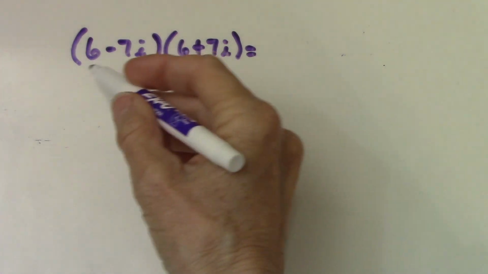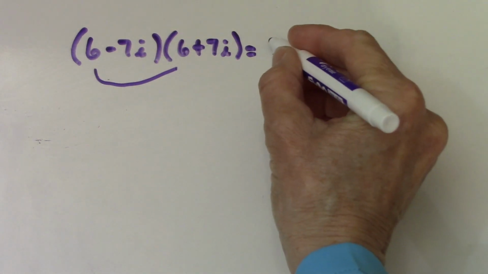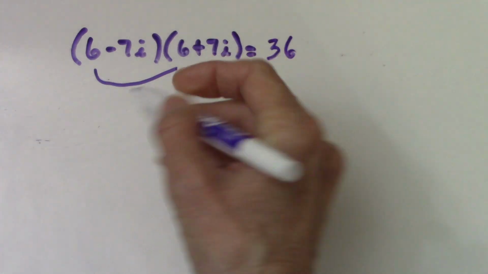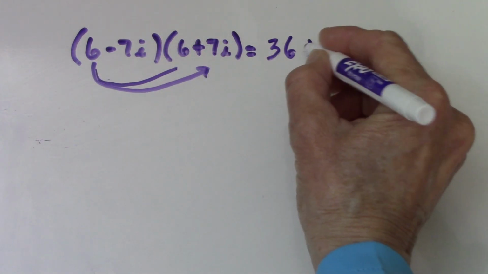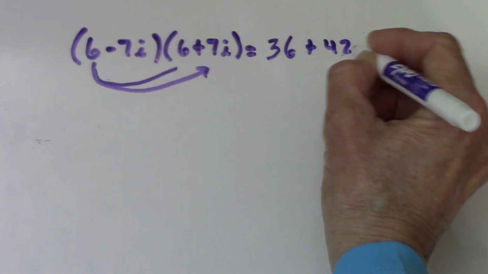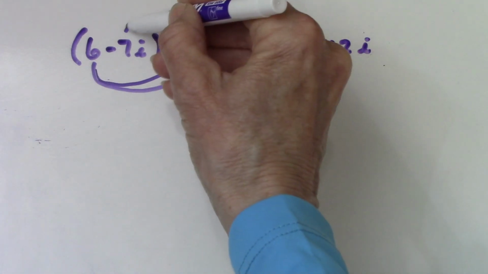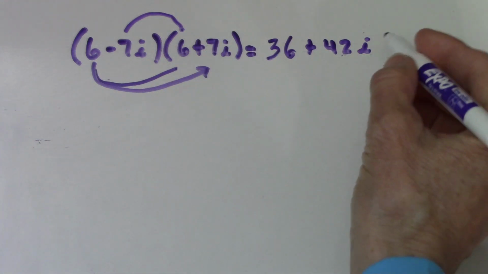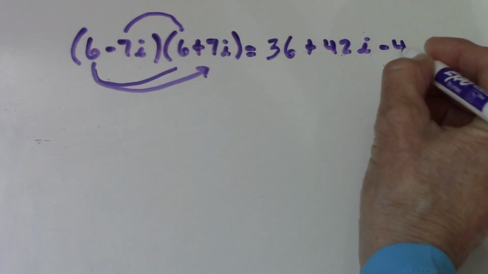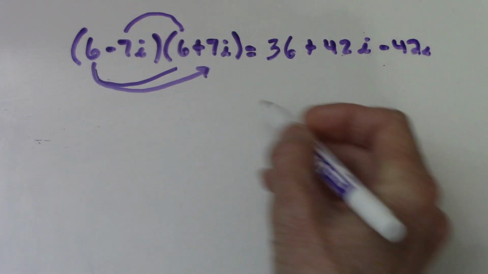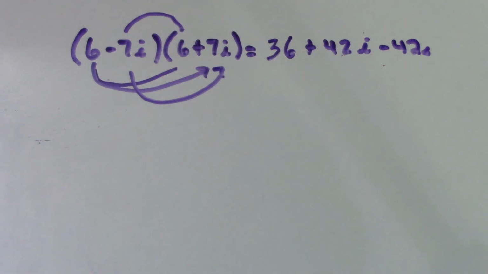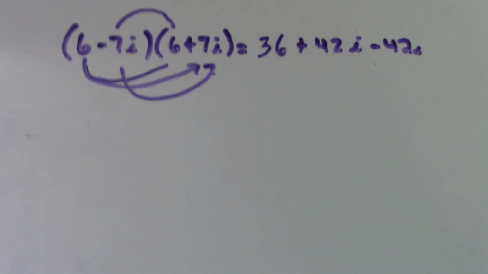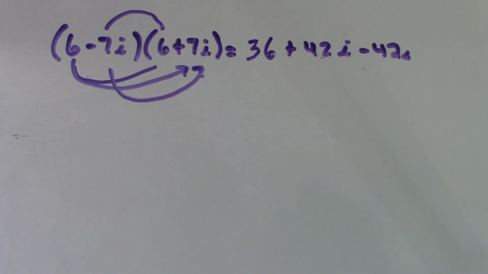So I have 6 times 6 is 36. 6 times 7i is 42i. -7i times 6 is -42i. And -7i times 7i gives me -49i squared.